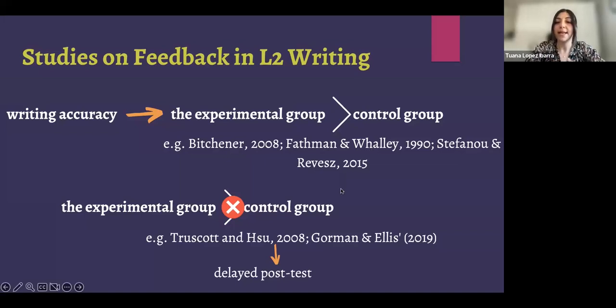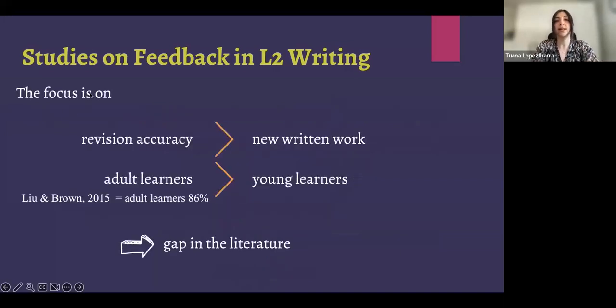That's what they meant by saying we should see this in a delayed post-test as well. So here we see that the focus in the literature is mostly on revision accuracy rather than new written work. They haven't investigated sufficiently the impact of feedback on a new written work, which is the feedback transfer.